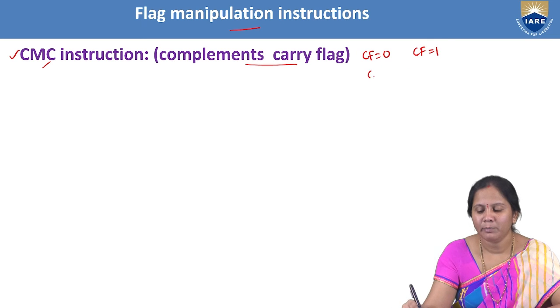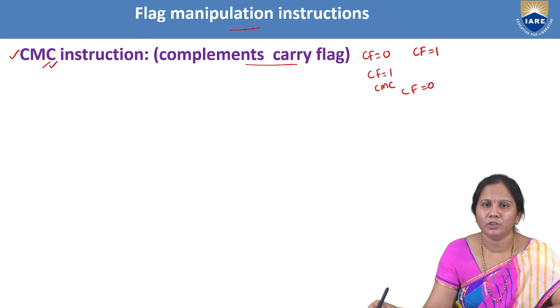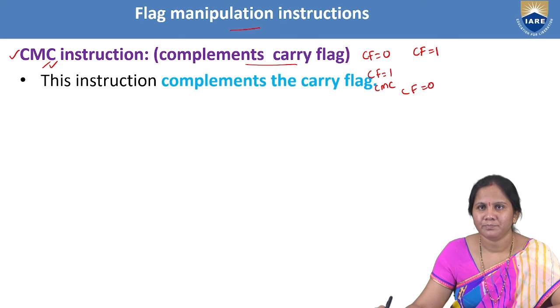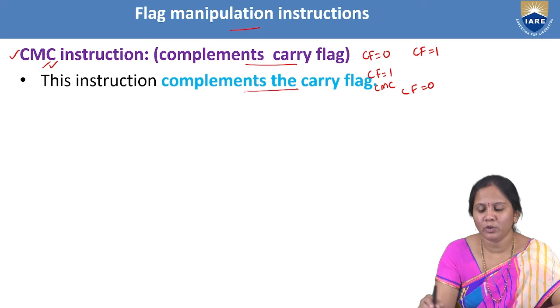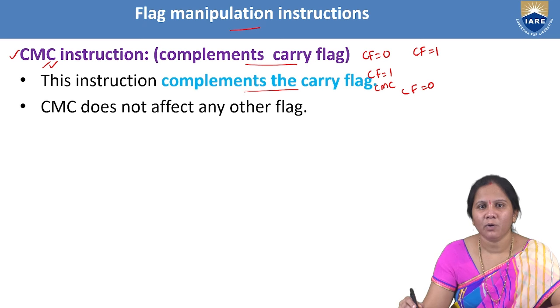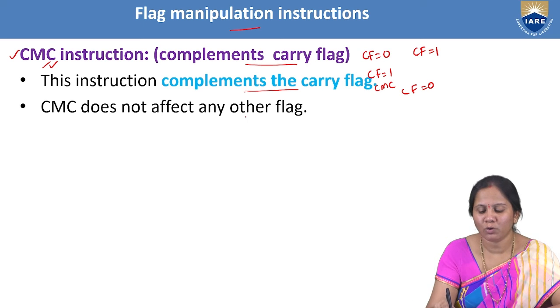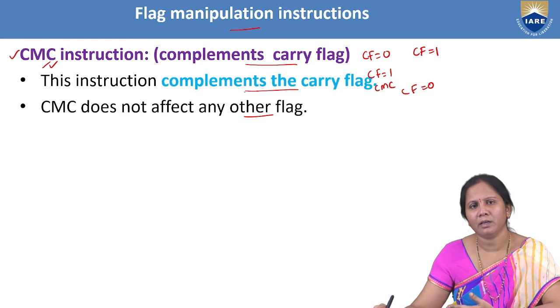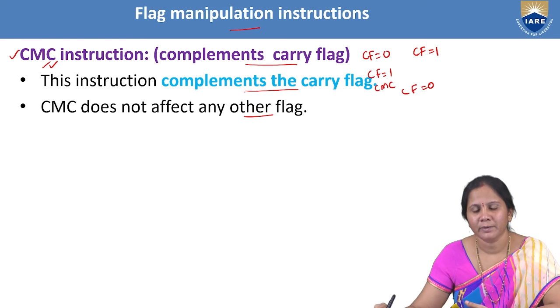If the carry flag is 1, it will be made 0, a one's complement. The CMC instruction also does not show any effect on the other flags. We have other flags also in the flag register.